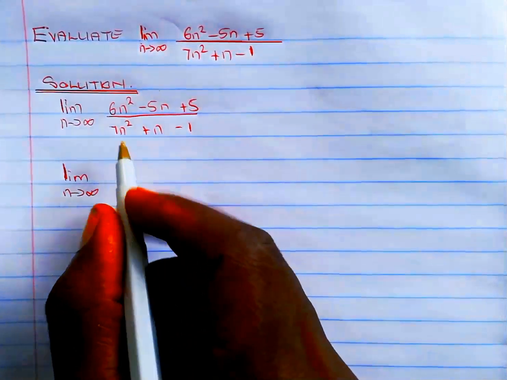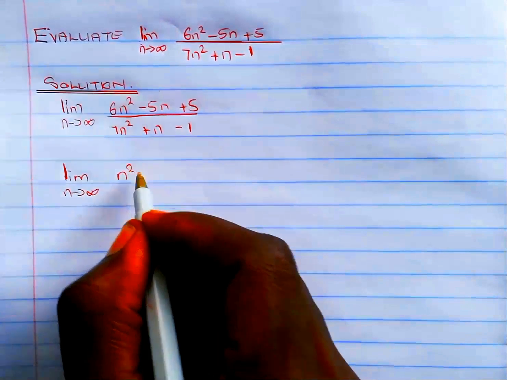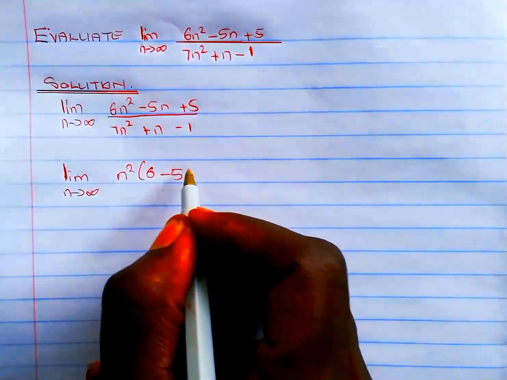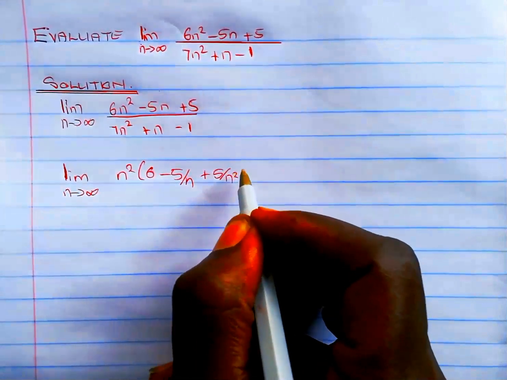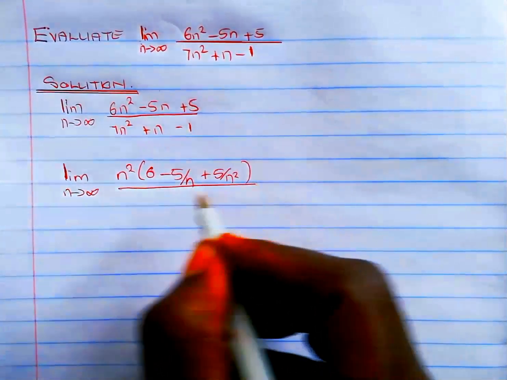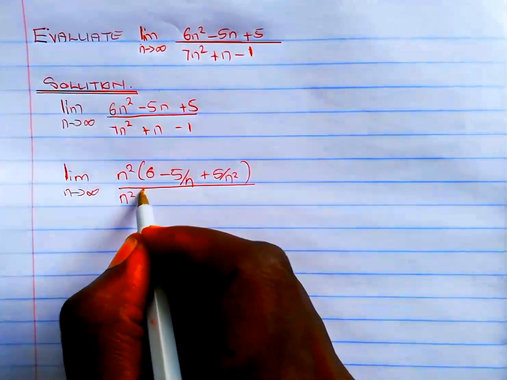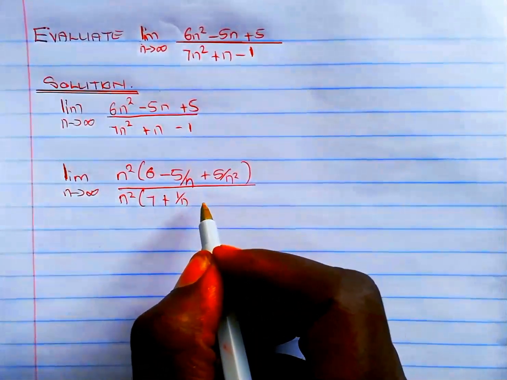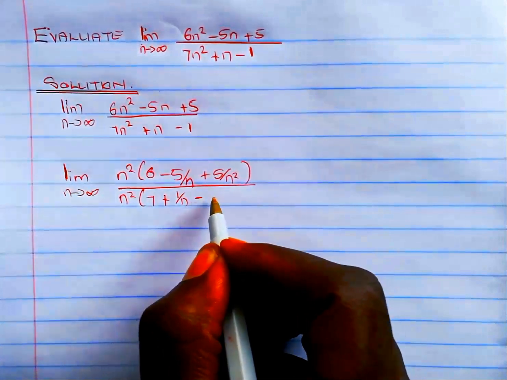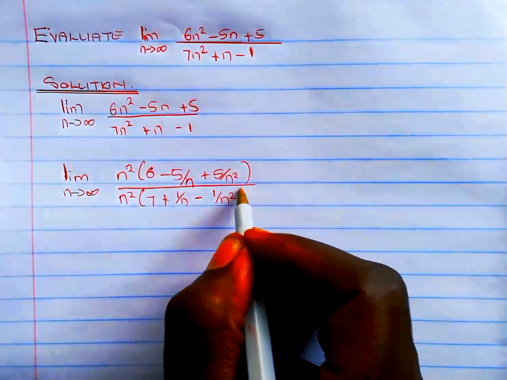On the numerator, if we factor out n squared, we get 6 minus 5 over n plus 5 over n squared, all over, then on the denominator, if we factor out n squared, we get 7 plus 1 over n minus 1 over n squared. Then we close our bracket.